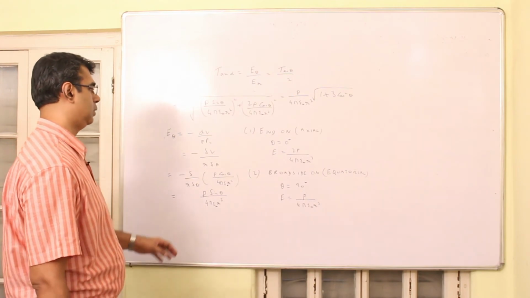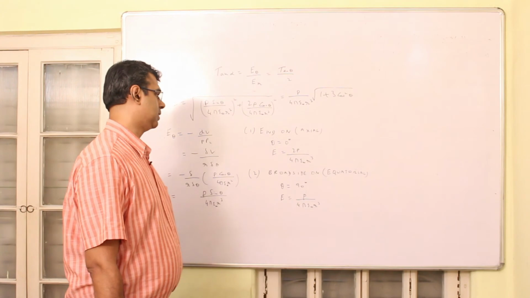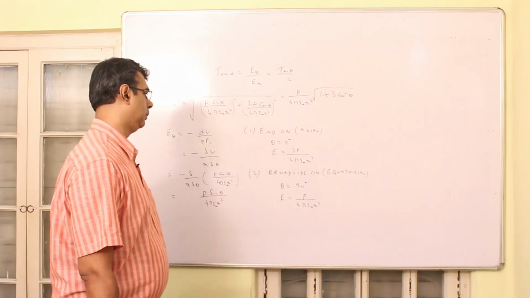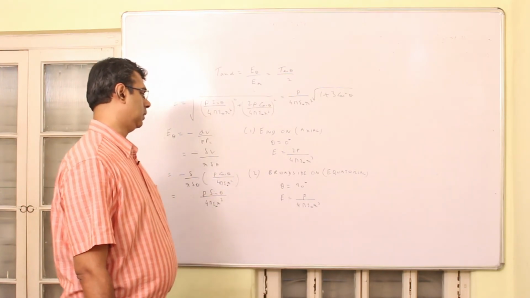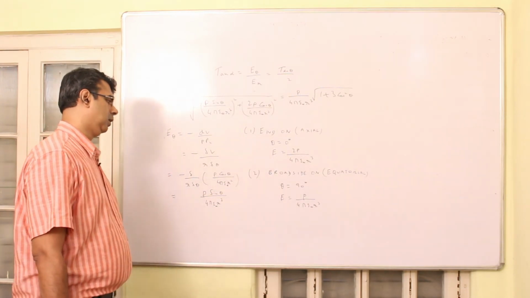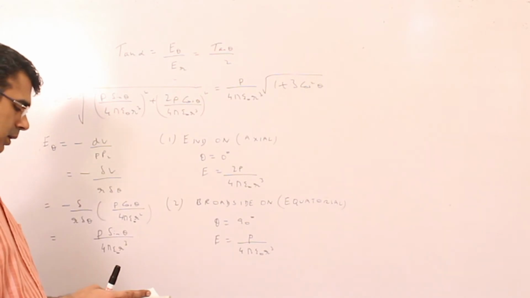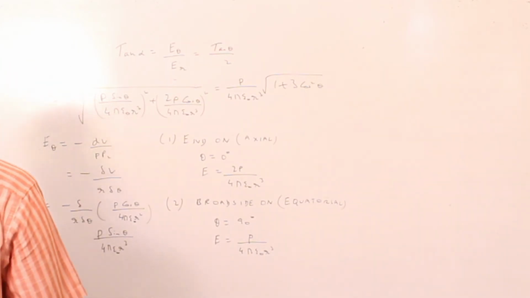So these are the two special cases. End on, which is known as axial, the field is 2p by 4 pi epsilon naught r cube, and broadside on, which is known as equatorial, the field is p by 4 pi epsilon naught into r cube. So this completes the topic field due to a dipole.